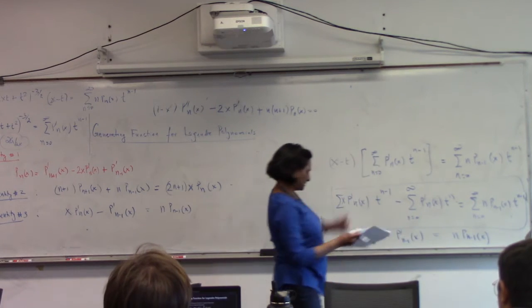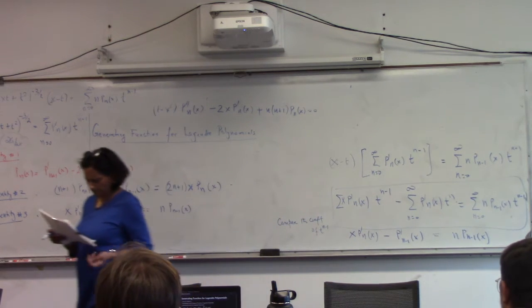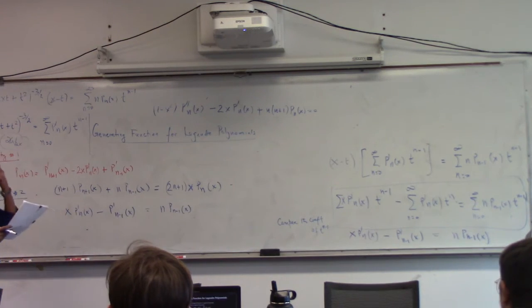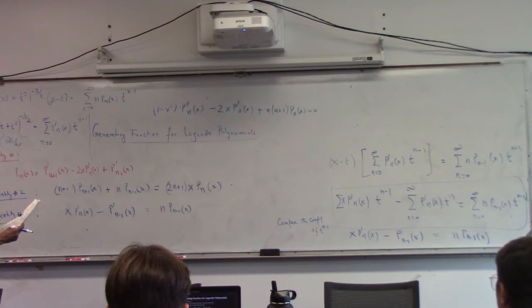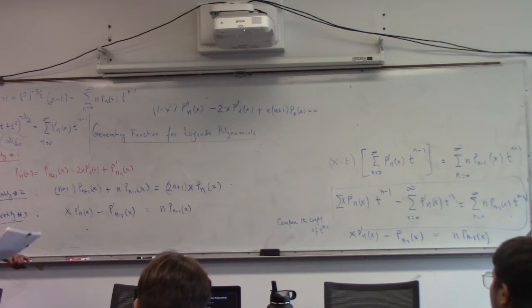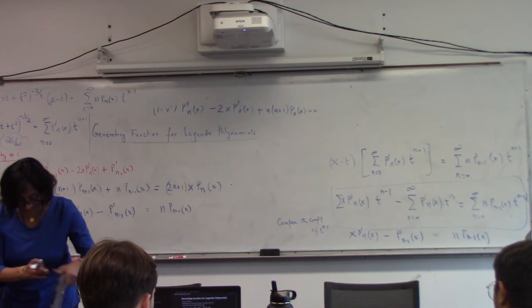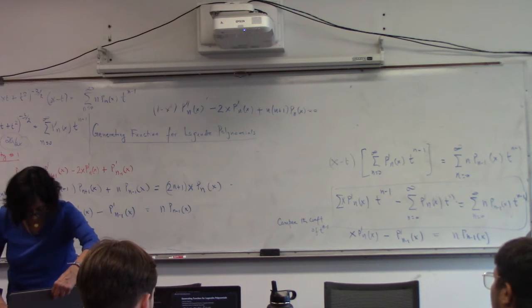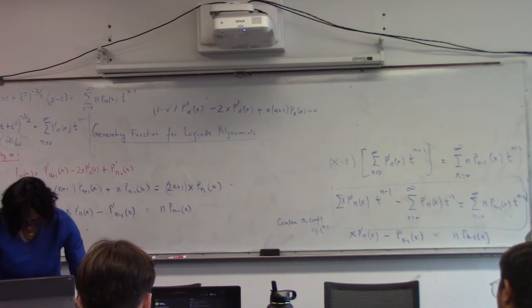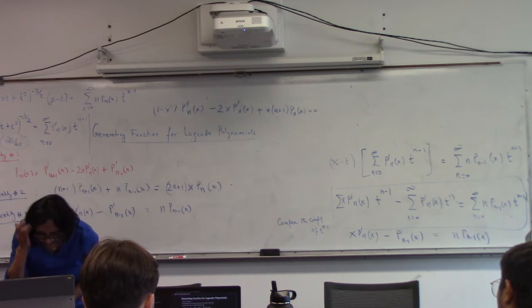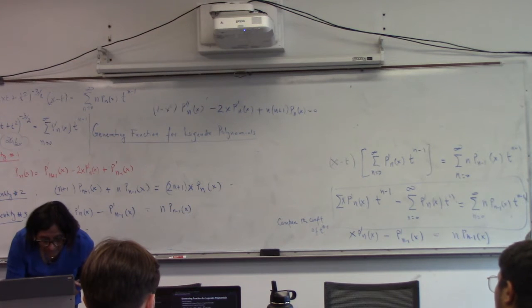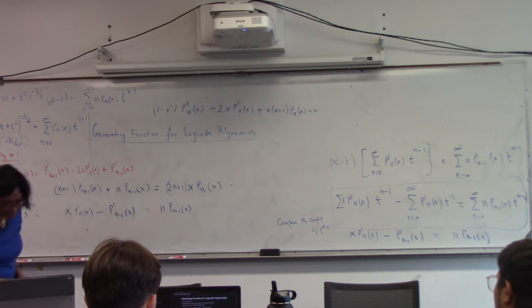I want to make sure of it, because otherwise you will get into a lot of errors with the algebra. Identity 3 is, yes, this is n P n(x).